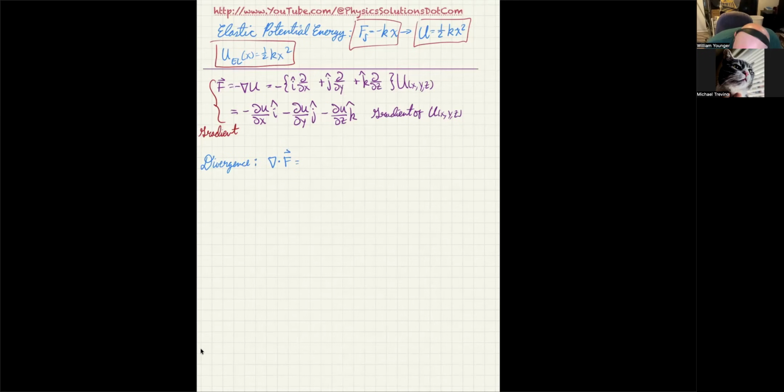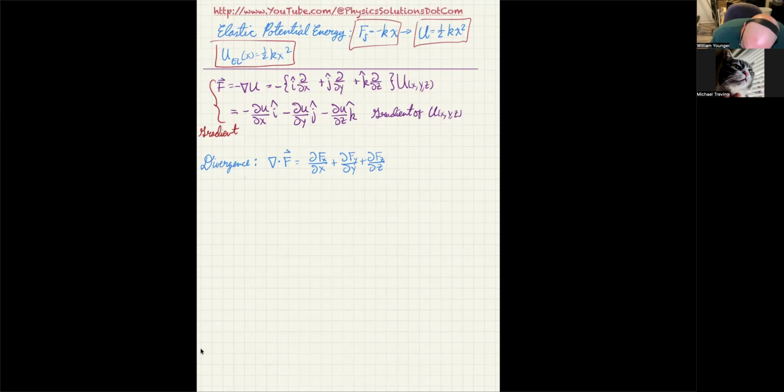So what we have in this case is the partial of f with respect to, in this case, we're actually taking the x component of f, so the partial of f sub x with respect to x, plus the partial of f sub y with respect to y, plus the partial of f sub z with respect to z. And that's what the divergence of it is.